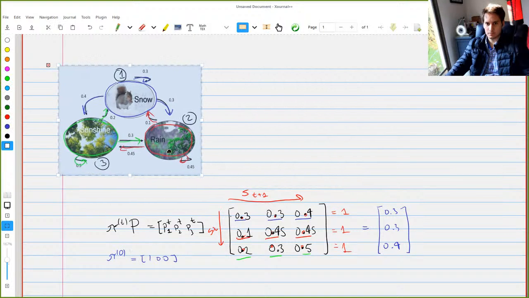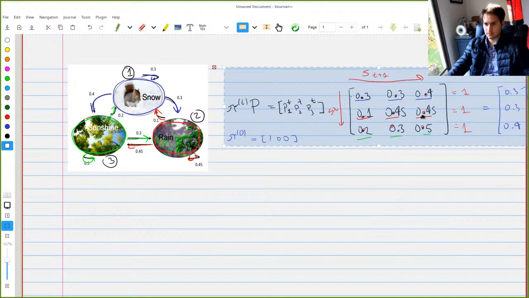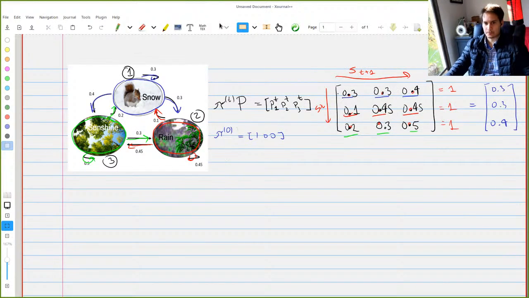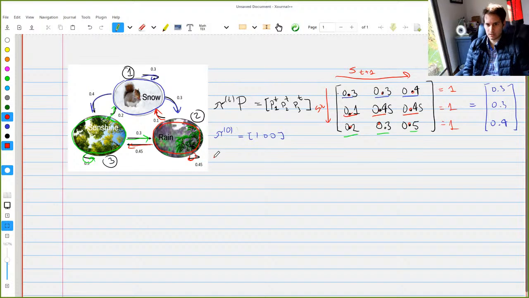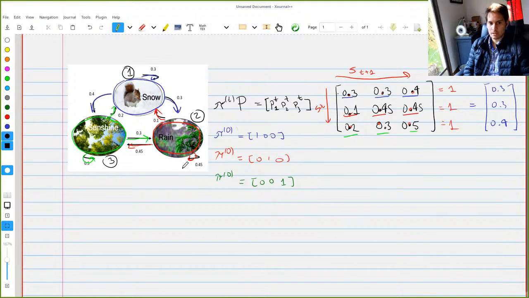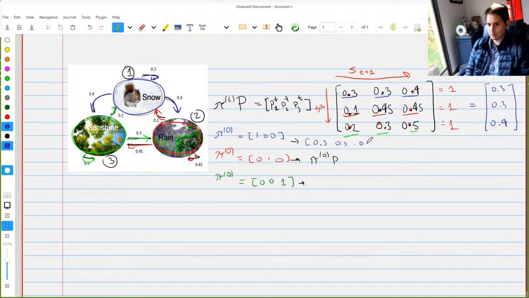What I was talking about, let me put that here, is that if we started with a state vector that only has a 1 in the snow state, or a vector that only has a 1 in the second state, or a vector like this that only has a 1 in the third state, and we calculated pi 0 times P, in each case it will give us the first, the second, and the third row of the matrix. So here the solution is 0.3, 0.3, 0.4.